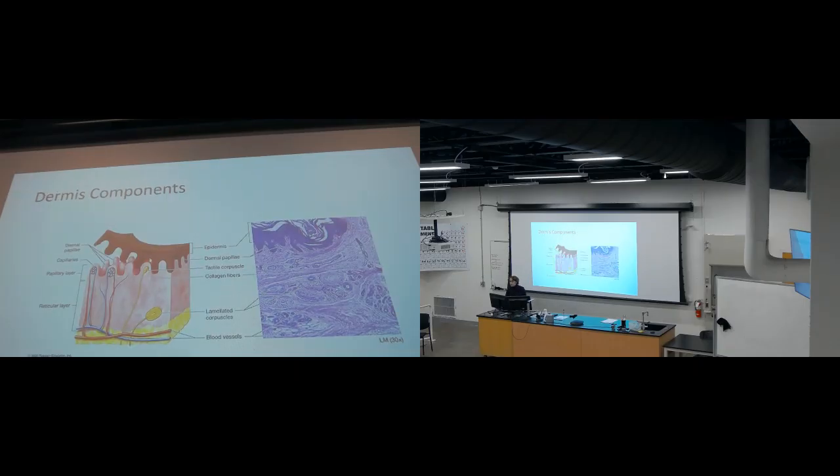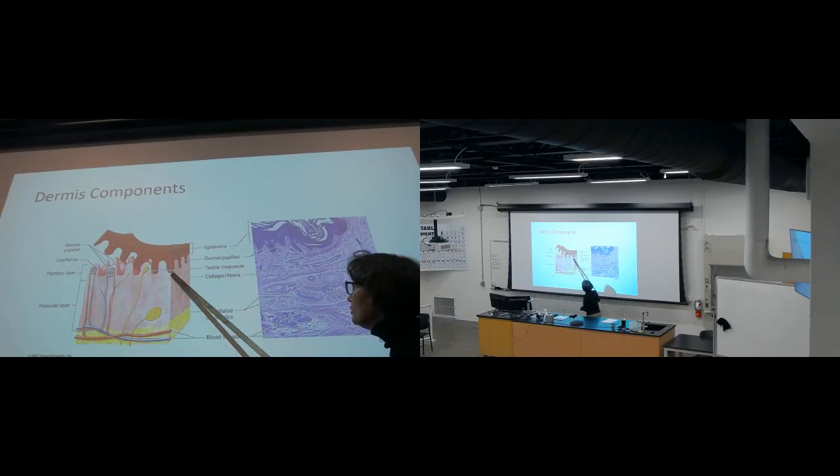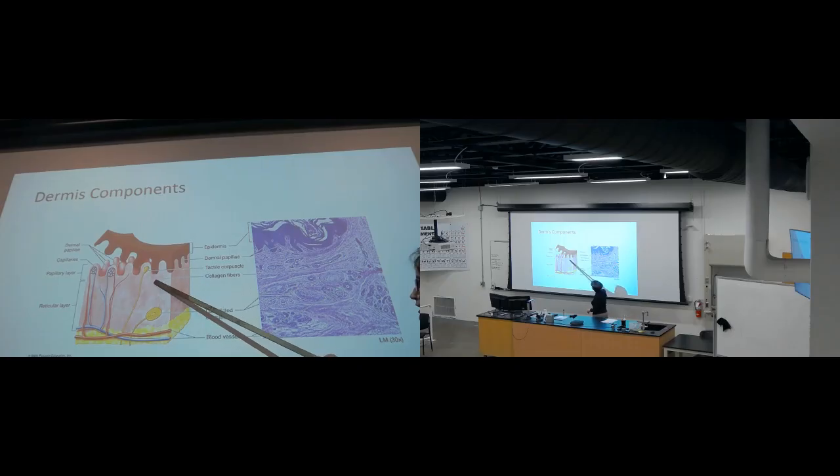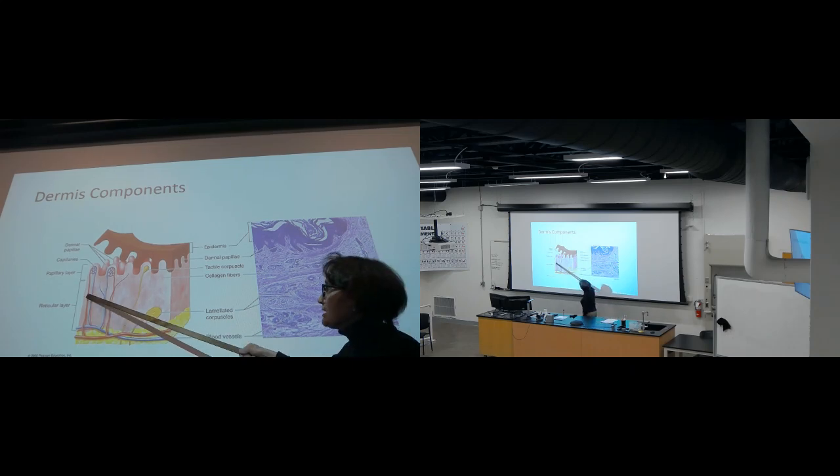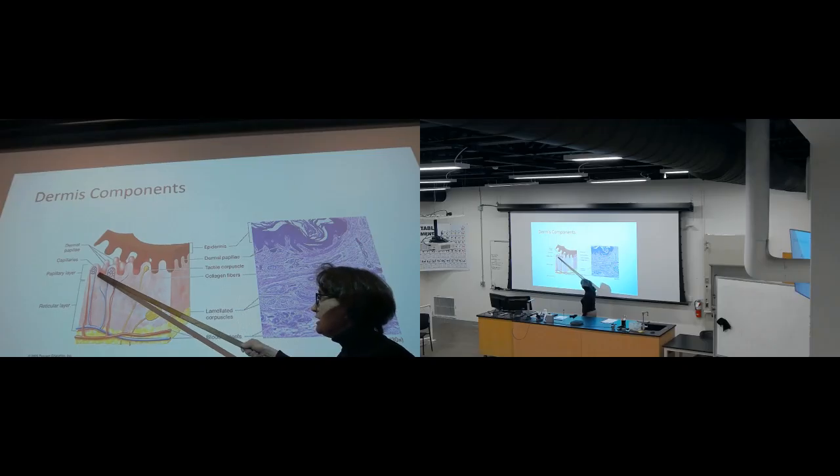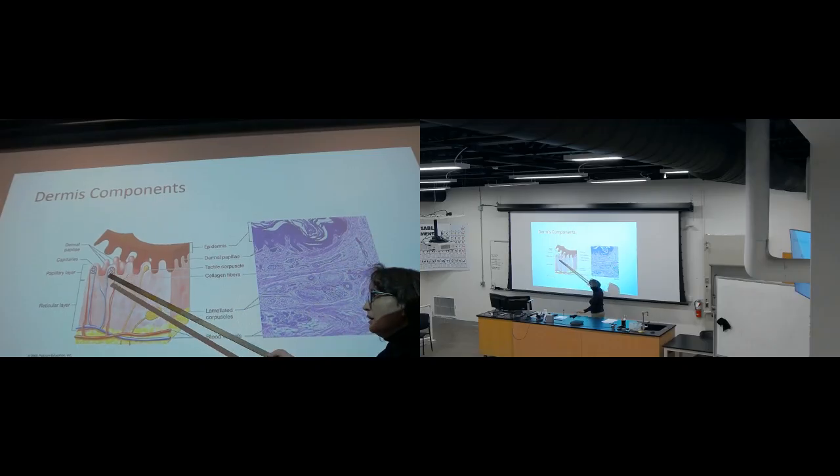And then for the components of the dermis. So in the dermis, we not only have loose, elastic connective tissue here and dense, irregular connective tissue here, but also we have blood supply through these capillaries. This is the papillary plexus.